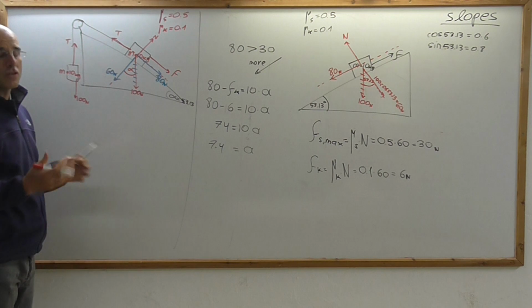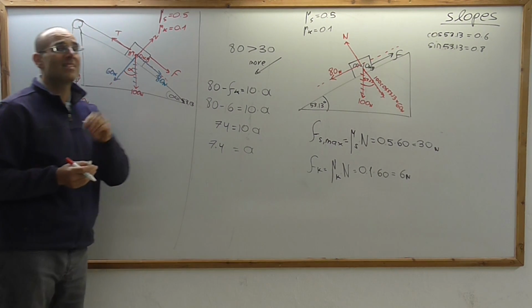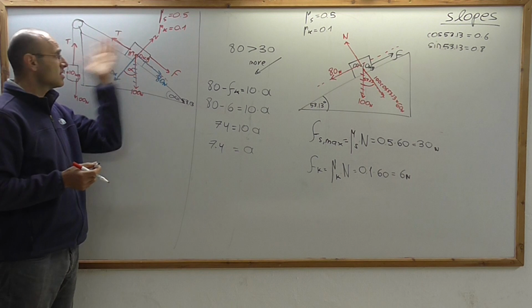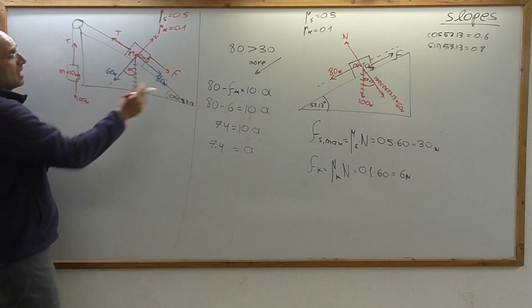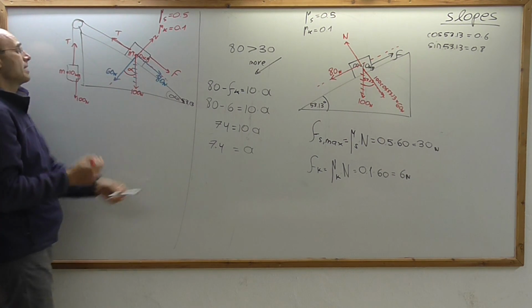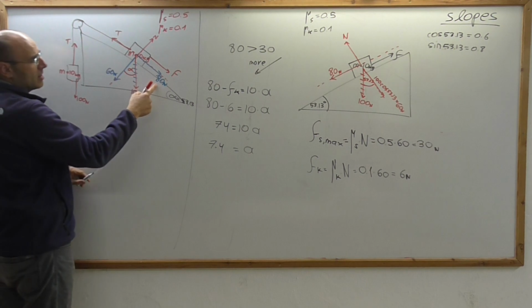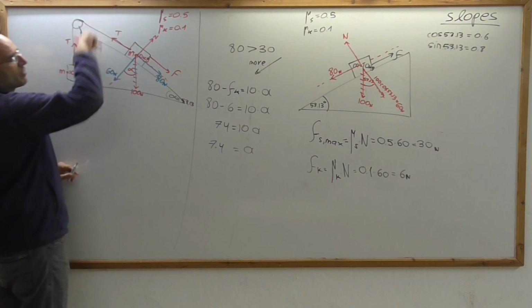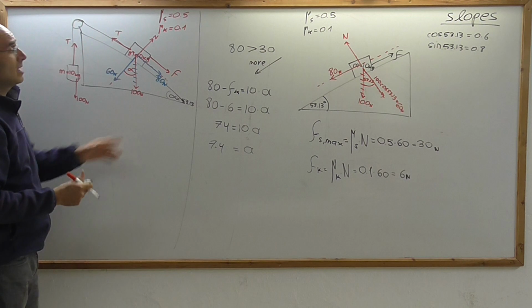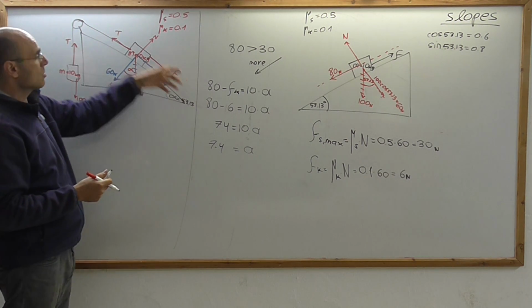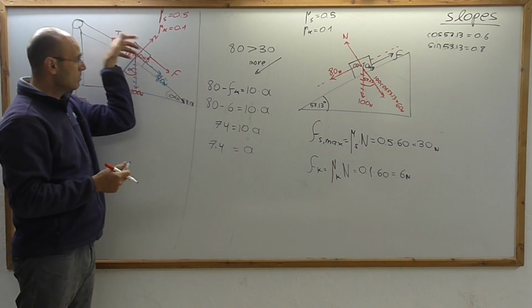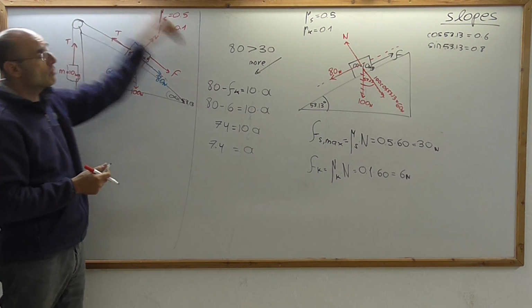Why can't I put friction? Because I don't know the tendency of this system to move. If there is no F at all, 100 is bigger than 80, so obviously it will want to go this way, and the friction will be that way. But maybe F is bigger than 20, so all of these forces are bigger than 100 and the tendency is to move that way.